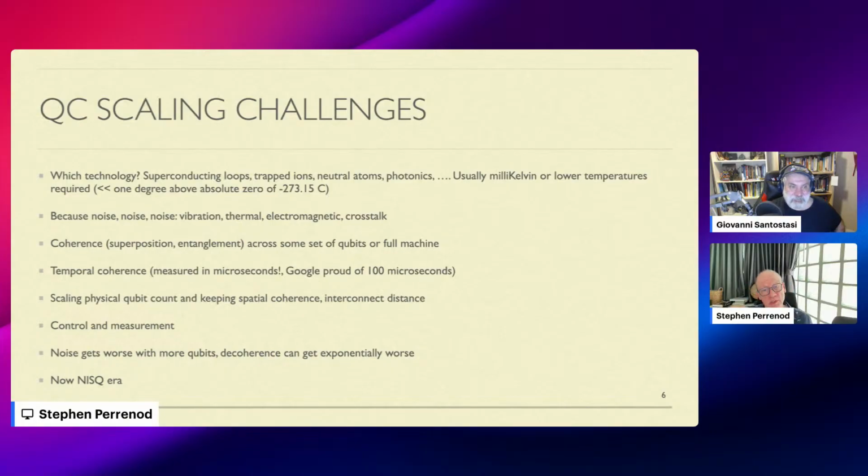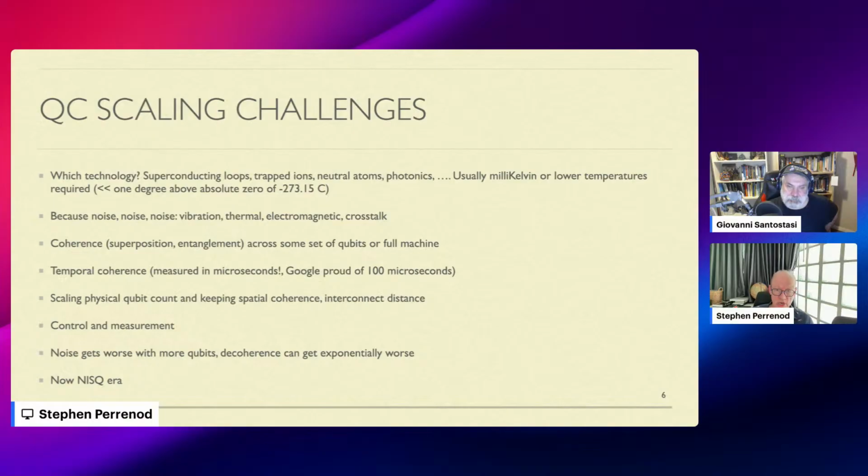Then you want to scale the physical qubit count as well, and then you have to keep the coherence spatially, right? Because you have multiple nodes or qubits, built out of physical systems, and the distances keep growing as you build a larger machine, or put multiple chips together, and they've got to keep that coherence over a longer distance.